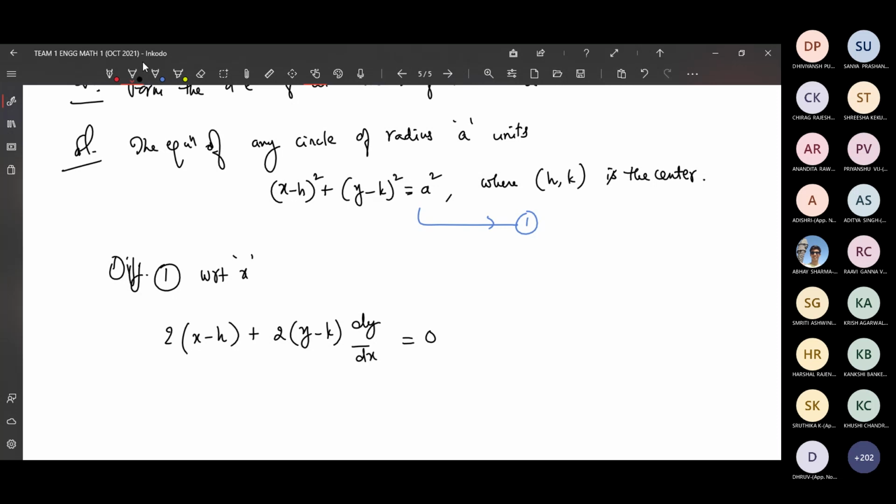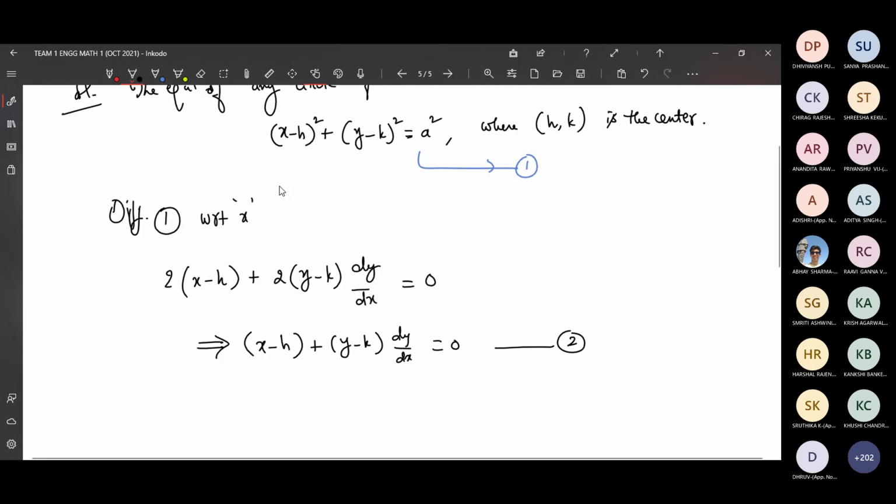Cancelling 2 throughout and simplifying: x minus h plus y minus k times dy by dx equal to 0. This is equation 2.